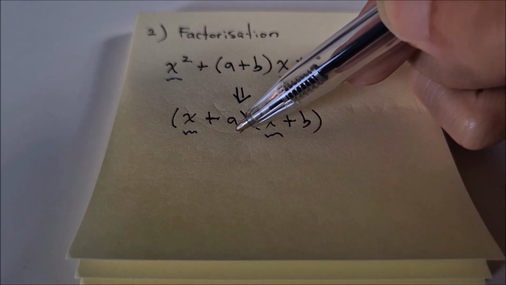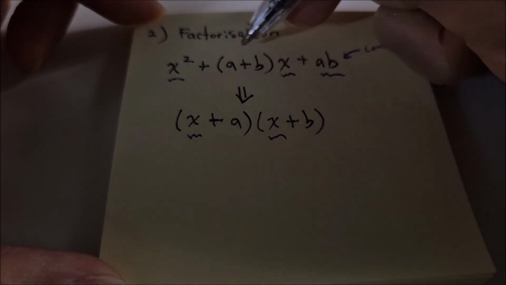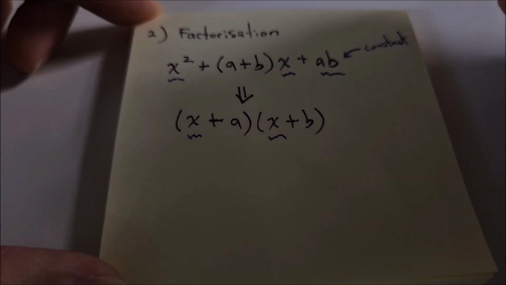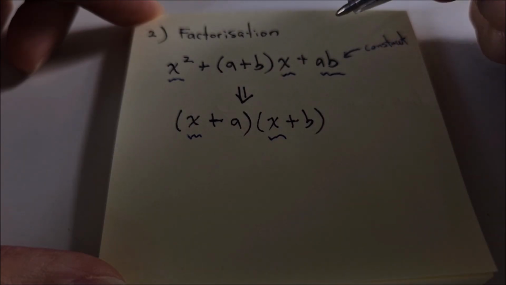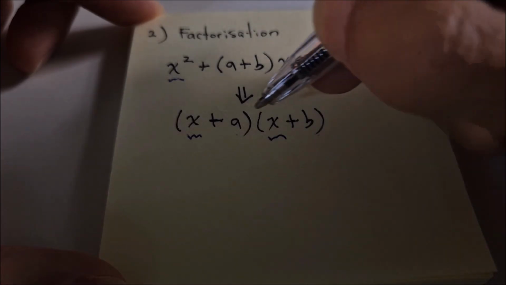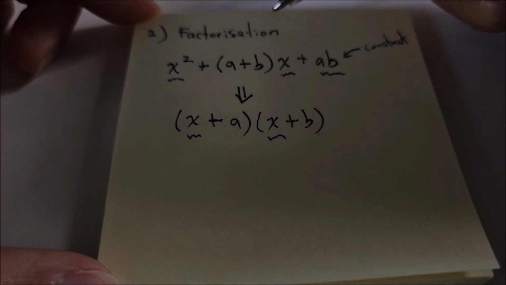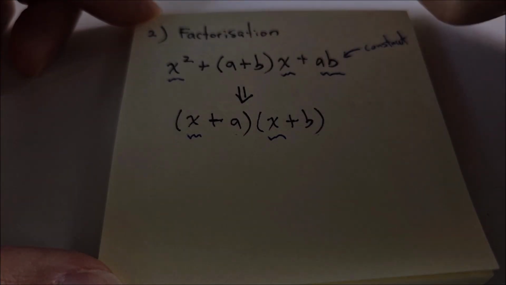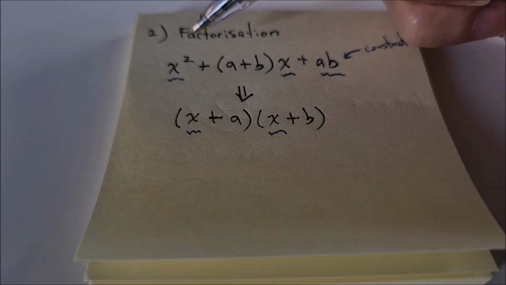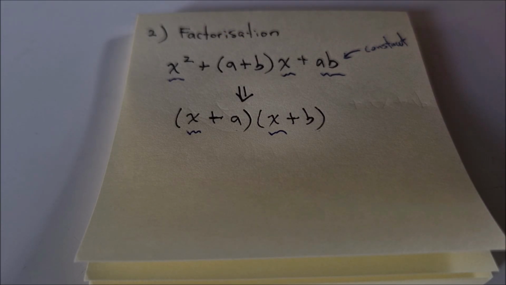This term and this term have to add to get this middle term here. And then for the third term, we know that these two will have to multiply together in order to equal this term.